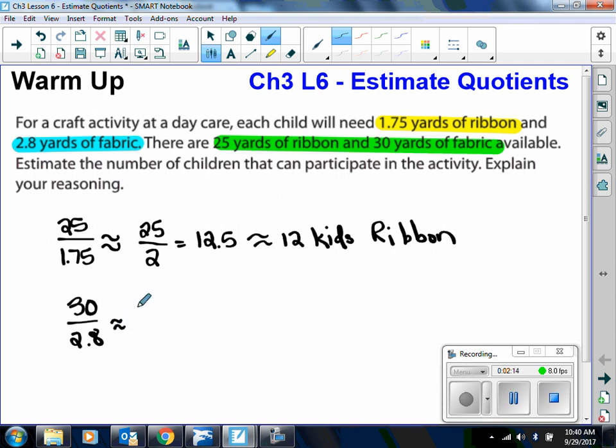So we're going to round here. So 30 divided by 3, we'll round that to 3. That means that we're going to be able to give 10 kids some fabric.